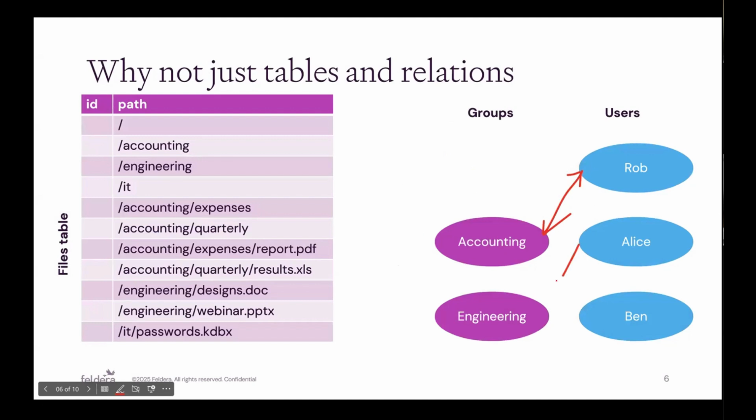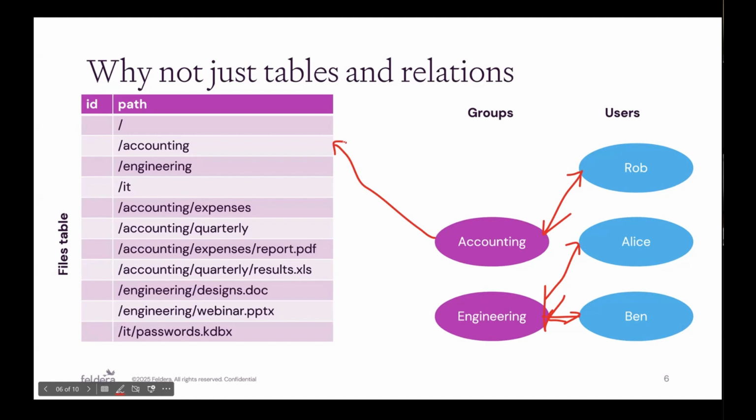And we can put Alice in engineering as well by inserting it in the members table, and we can put Ben in engineering. And so now we have populated the members table, for example. And then the next thing we would do is we would say, well, accounting should be able to access the accounting folder, right? Just going to worry about writable permissions here for now.